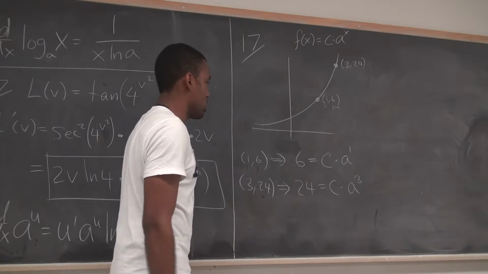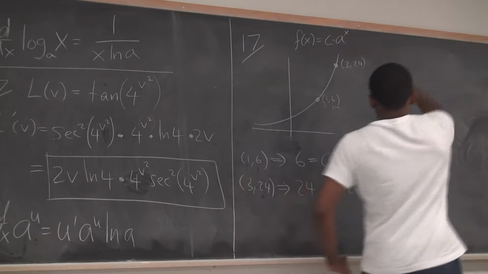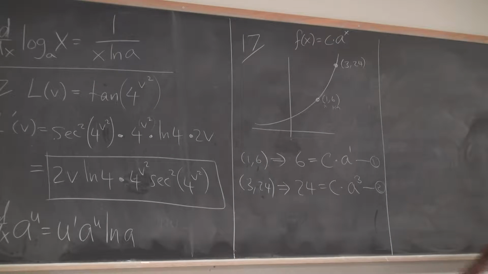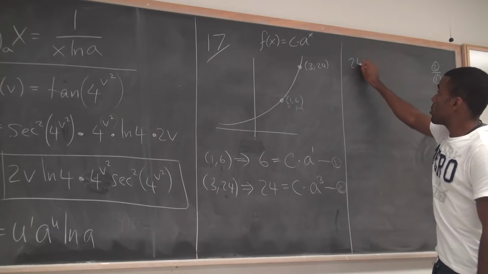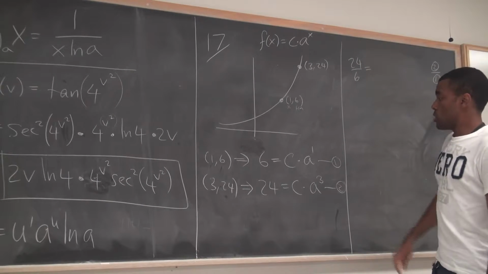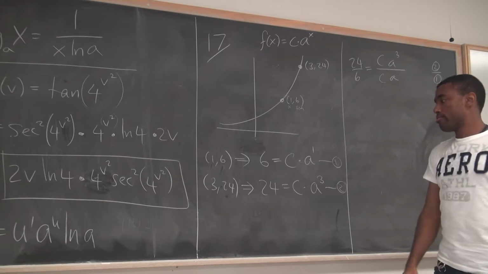So this is equation 1, equation 2. I can take equation 2 and divide by equation 1. So 24 over 6 gives me c a cubed over c a.